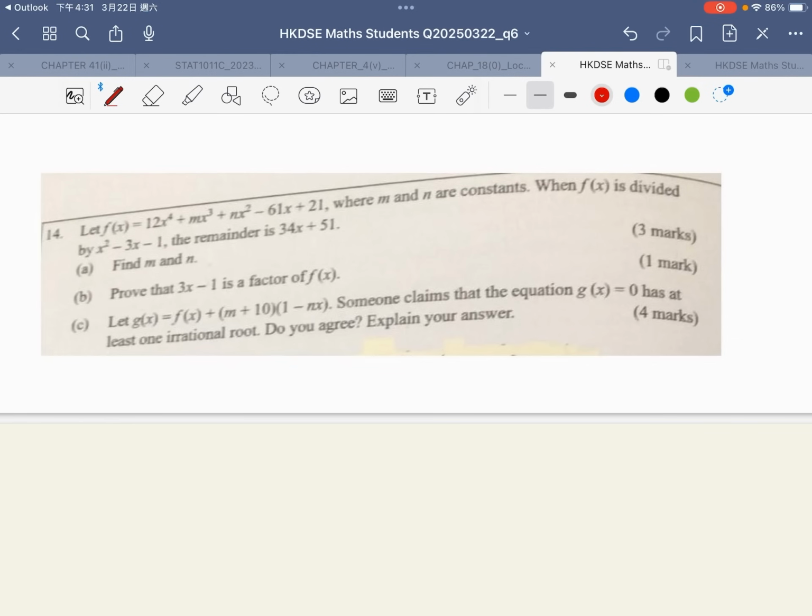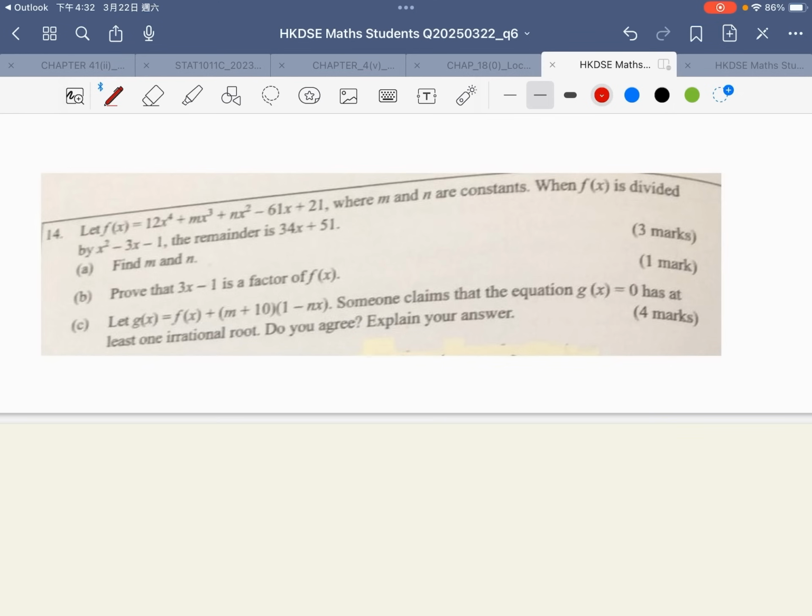This question is from one of my students, from his mock exam, and it belongs to the type of polynomial remainder theorem and factor theorem.